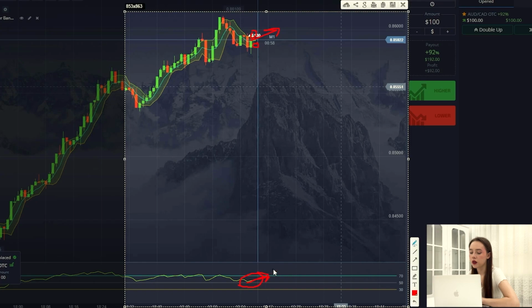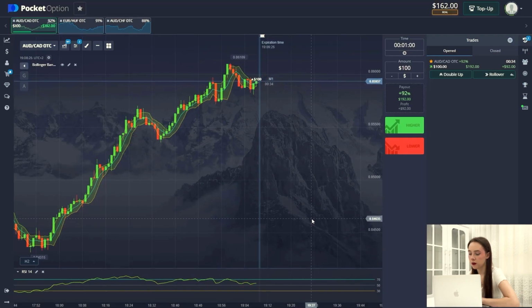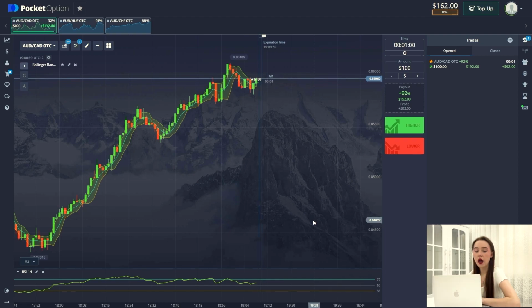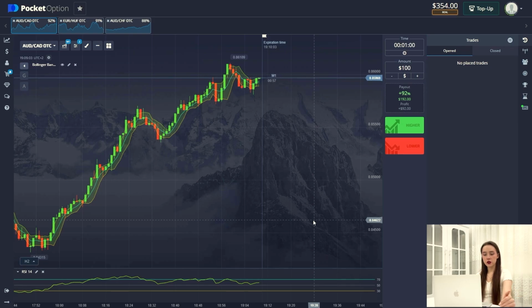Also, by the RSI indicator, we see that it is directed upwards, so the chart will move upwards. And let's observe the course of our deal. And the last deal for today is closed in plus. Profit was $92.